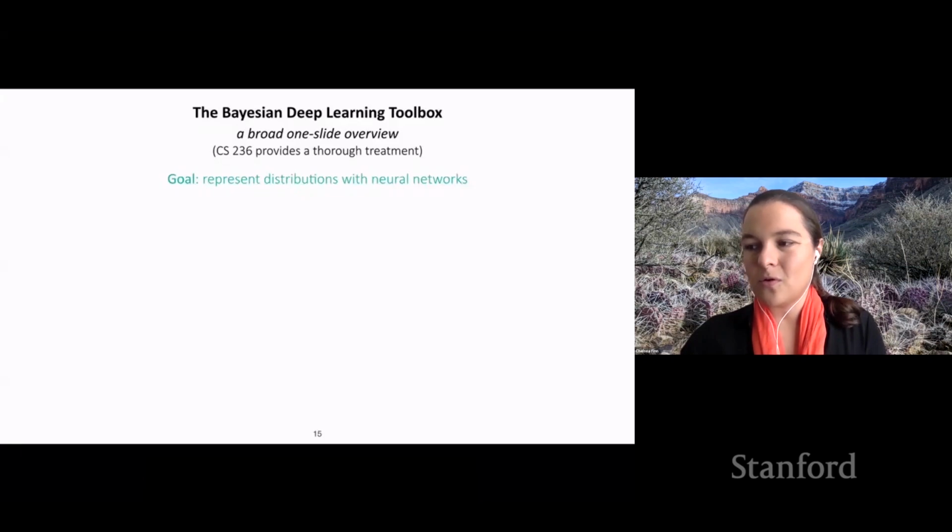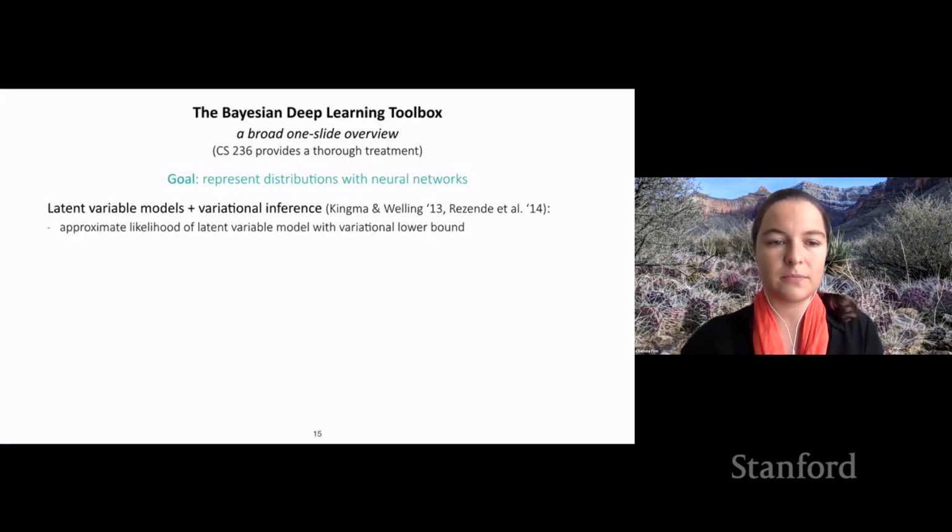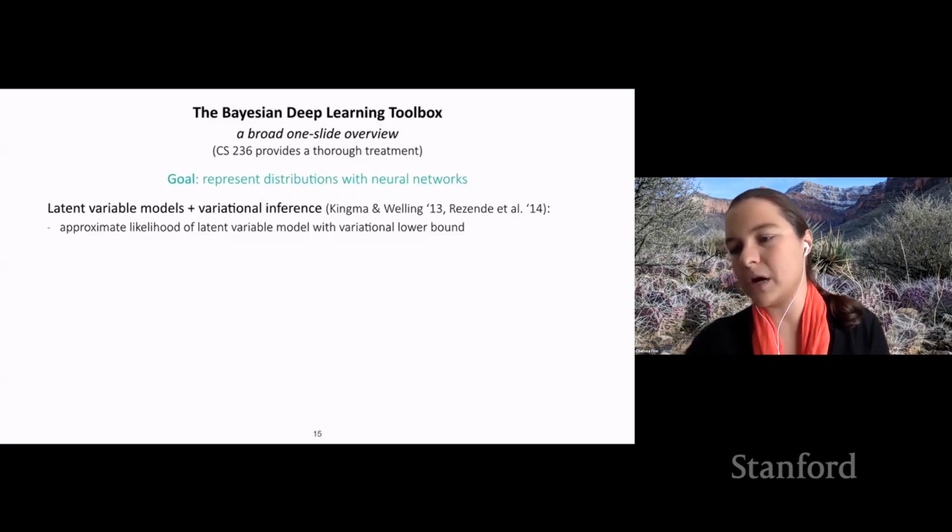So the general goal of the toolbox is to be able to represent distributions with neural networks. And there are a variety of techniques that allow you to do this. One of the most popular and most successful techniques is to use what's called latent variable models along with variational inference. These models try to approximate maximum likelihood training within a latent variable model.